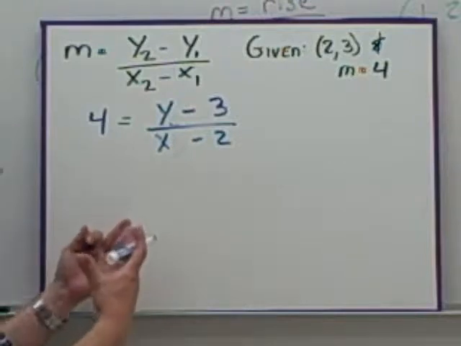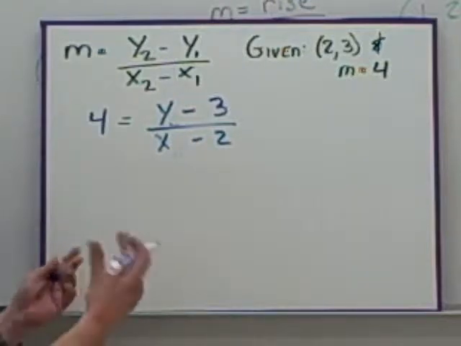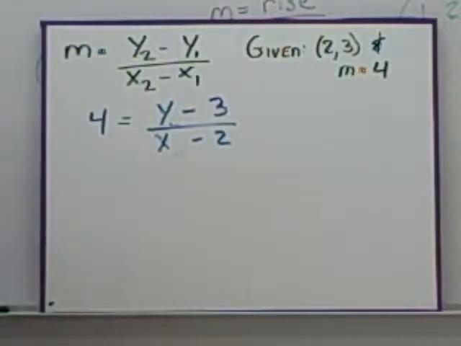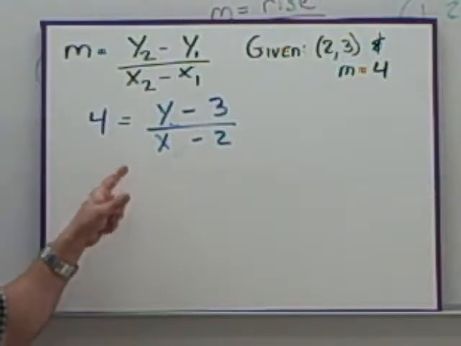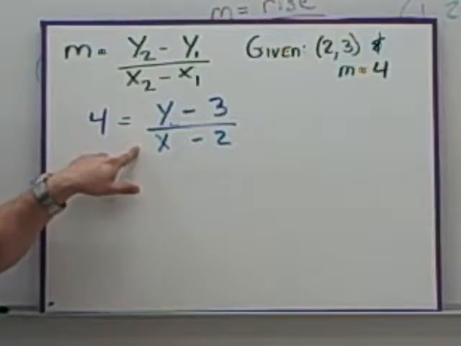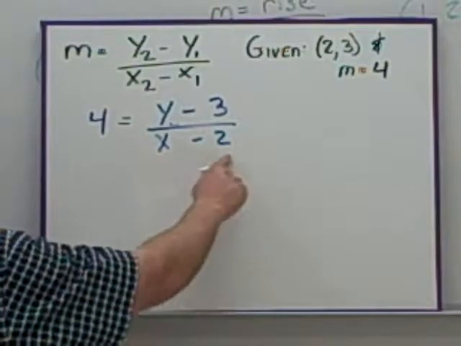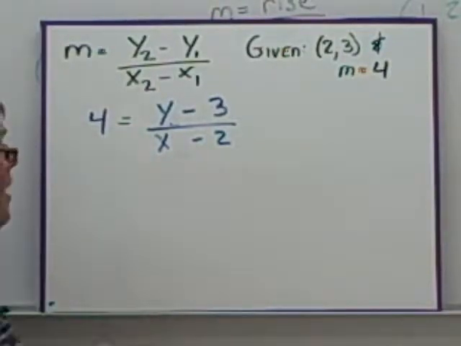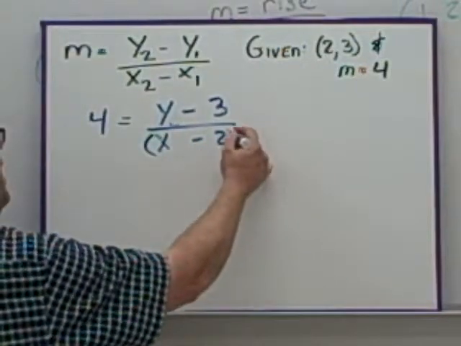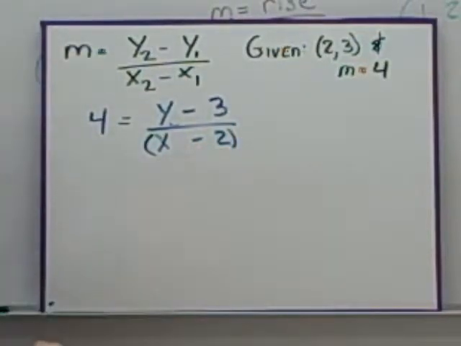Now technically this is an equation. But as I said before, we want to have y on one side and x on the other. Also, I don't like the idea of having this fraction here. Wouldn't it be nice to get rid of that? Well, remember, when we have a fraction and we want to get rid of the fraction, we multiply by what's on the bottom of that fraction. And right now, on the bottom of that fraction, I have x minus 2.